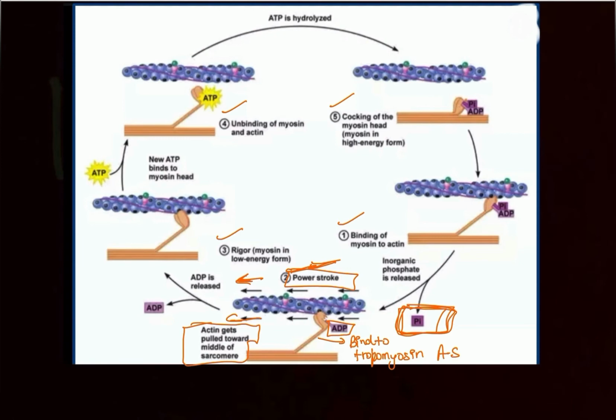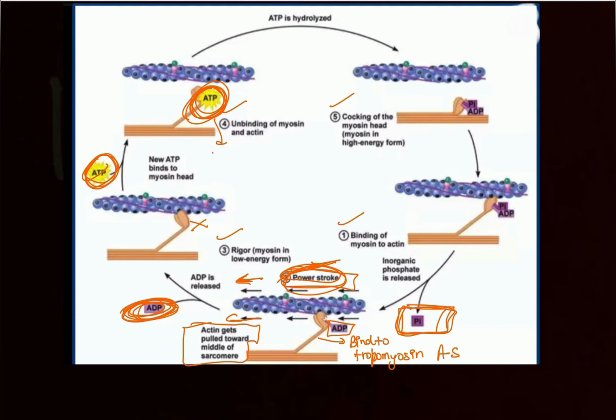Now what will happen? This ADP will be removed because of this power stroke. When it no longer has any ADP, a new ATP will come and bind here, and when it binds, the myosin head will leave the tropomyosin active site.